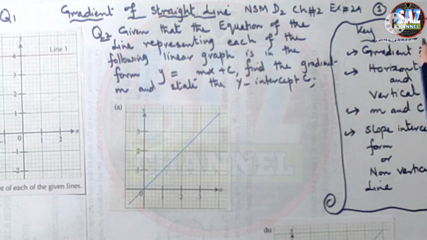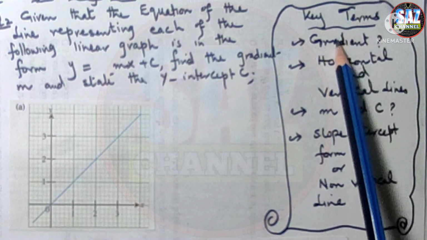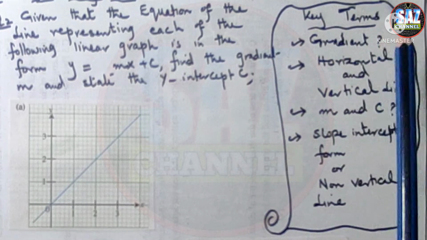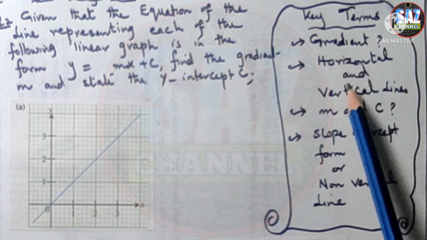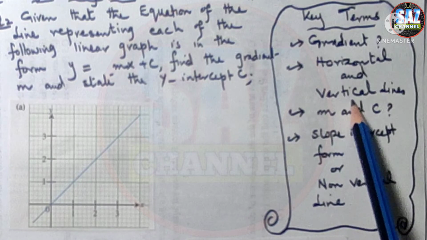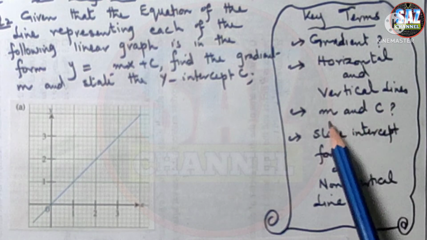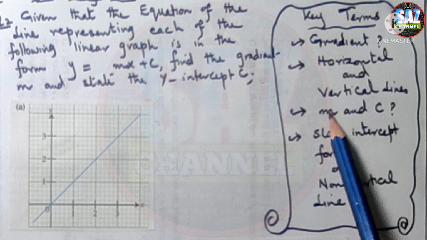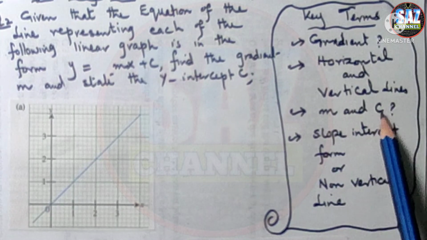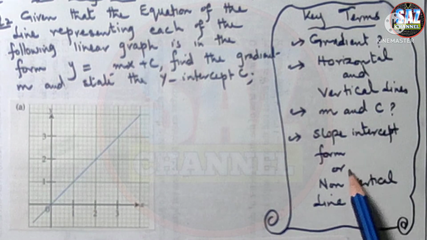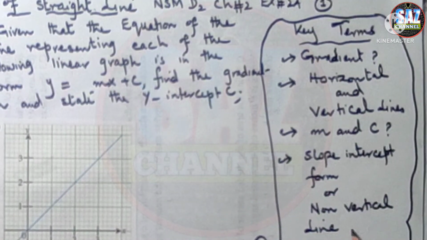So it's really important to understand the meaning of the term gradient, the general form of a straight line, and how many types and forms of straight lines there are: horizontal and vertical lines. What does the symbol m stand for and c stand for, and what is the slope intercept form or non-vertical equation of a line? These are the questions that have to be really clear to all of my students.